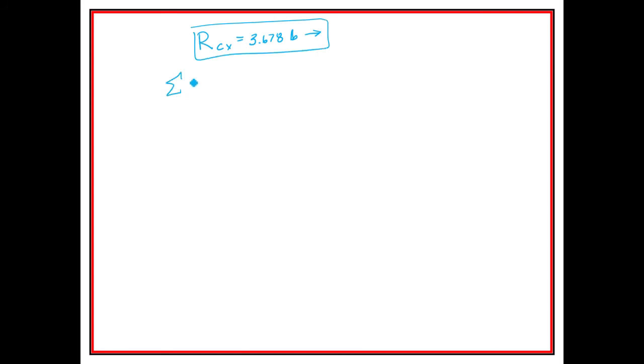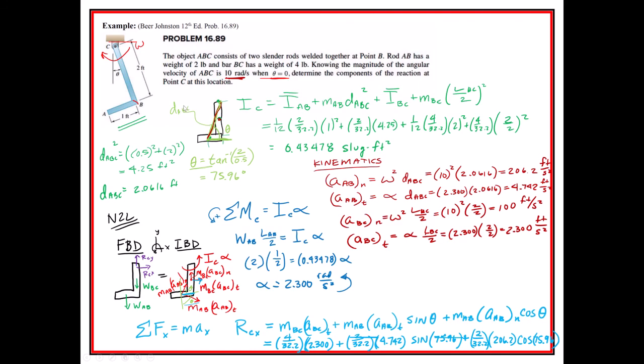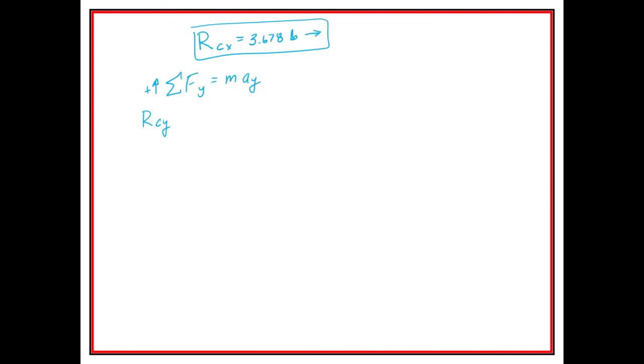So now we also want the sum of the forces in the y direction equals mass times acceleration in the y direction. Positive being upwards. And what we find, we get RCY, and that's on the right hand side. Whoops, no. We also have the weights downwards of both of them. So that's going to be minus 2 and minus 4.